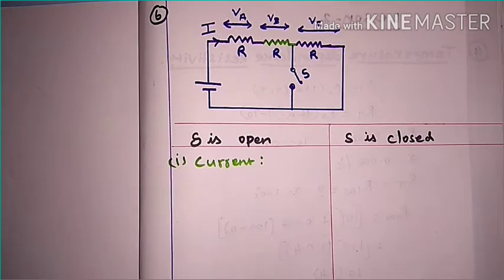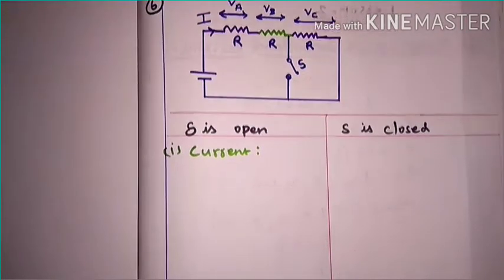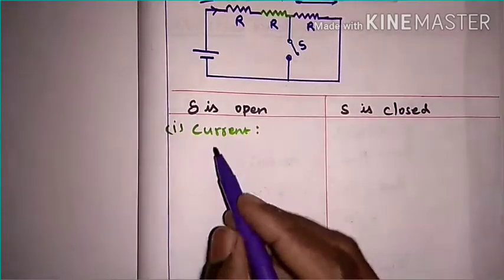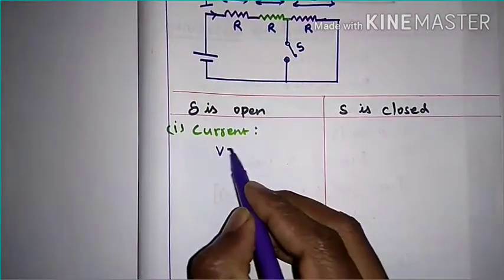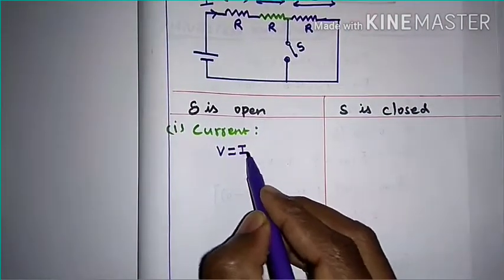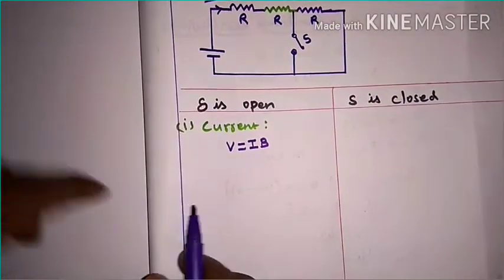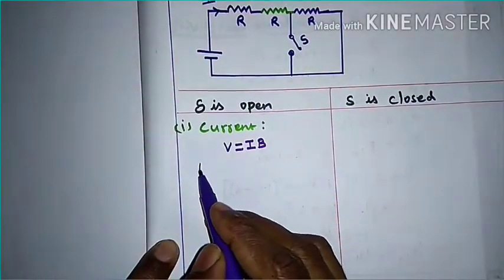So first, current. From the relation, you know, Ohm's law. According to Ohm's law, V equal to IR. On the basis of this equation, first I am going to find out the current.